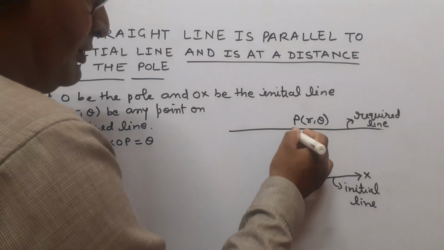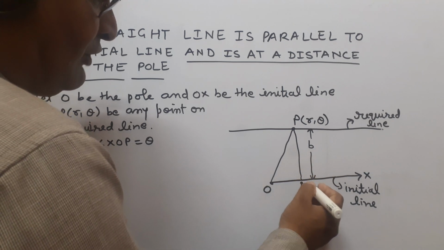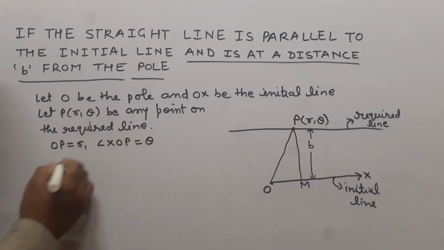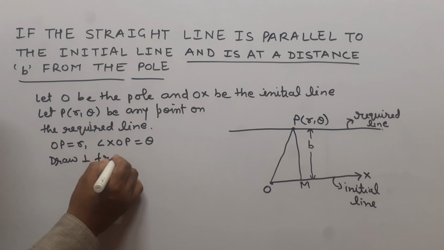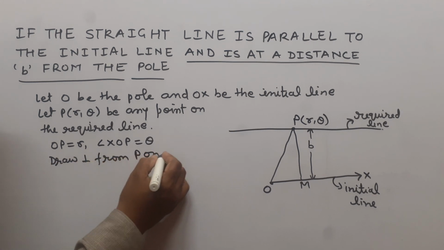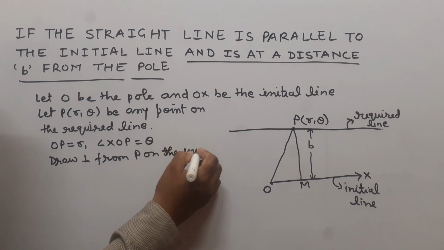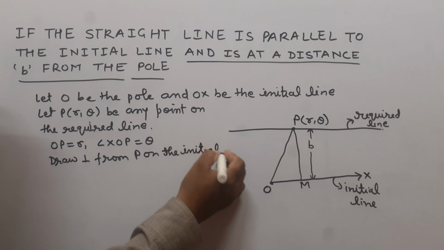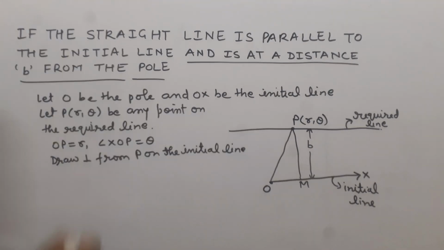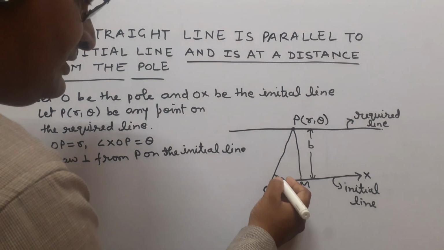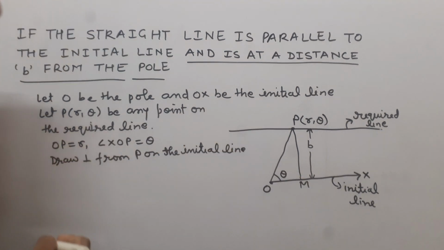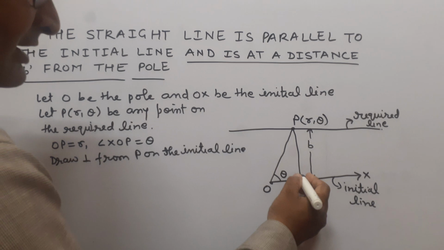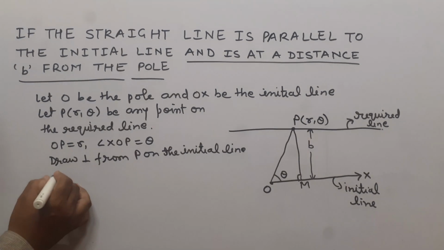Now we draw perpendicular PM from P on the initial line. Now we see here this is the vectorial angle which is theta in triangle OPM.